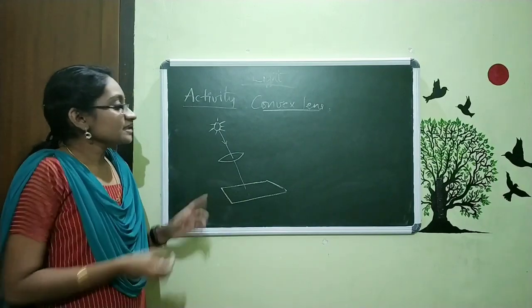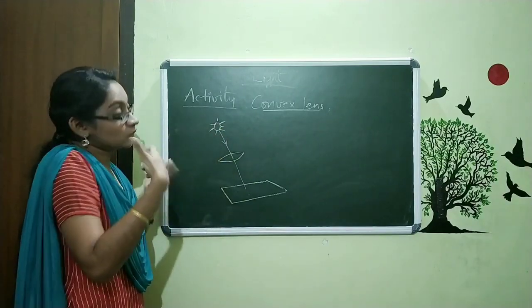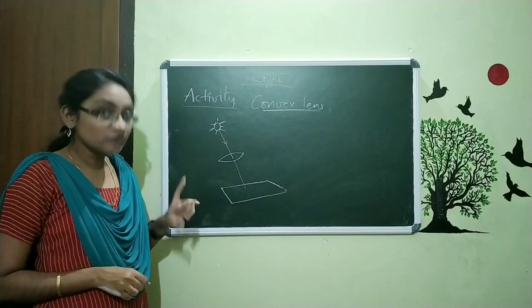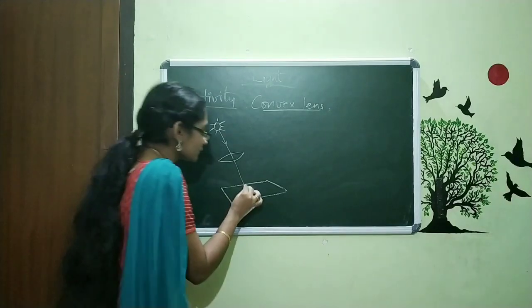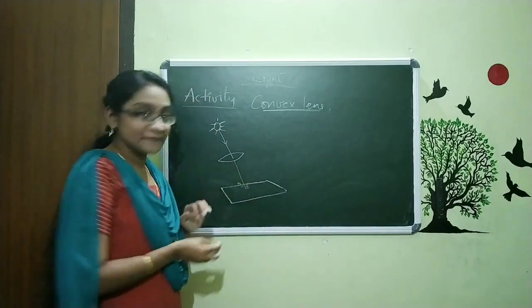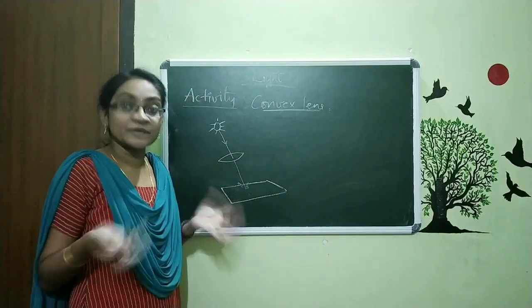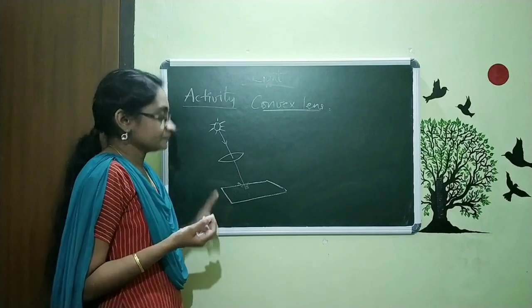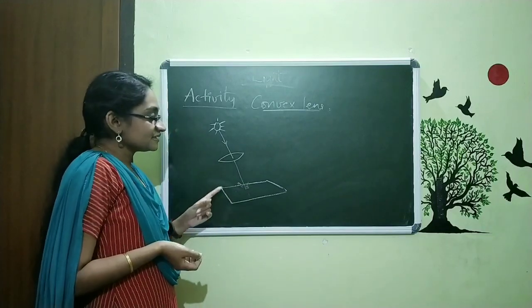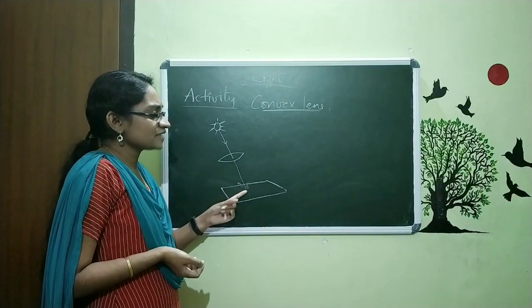I am keeping this lens for more time, and first of all you can see some fumes coming from the paper. And after some time this paper starts to burn. Why does this paper start burning?